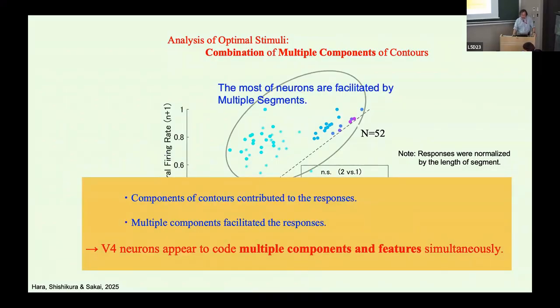So these results indicate that V4 neurons appear to code multiple components and features simultaneously. Today, I didn't have enough time to show what features are coded, but we think that a population of V4 neurons encode multiple components and features and contribute to the surface construction.